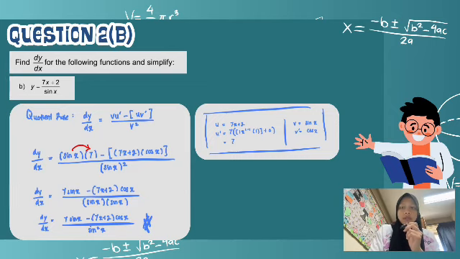So 7 multiplied by sin x minus (7x plus 2) multiplied by cos x over sin squared x. Then we got the final answer, which is 7 sin x minus (7x plus 2) cos x over sin squared x.